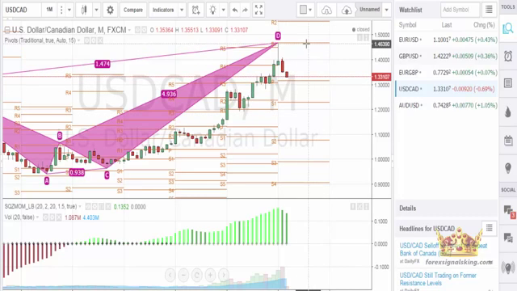From here to here is about 680 pips, and another 600 pips. So we're talking about 1,300 pips, which is an extremely big movement.